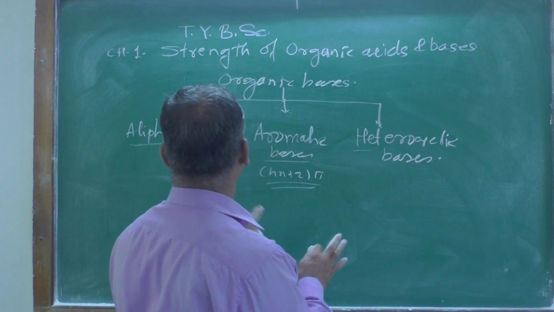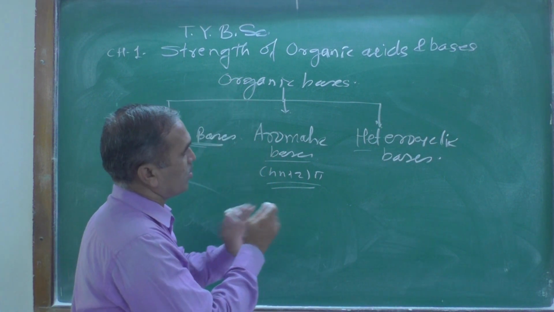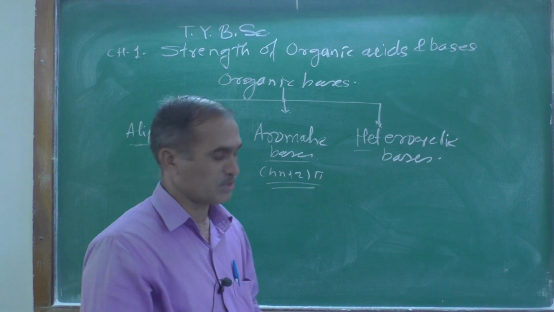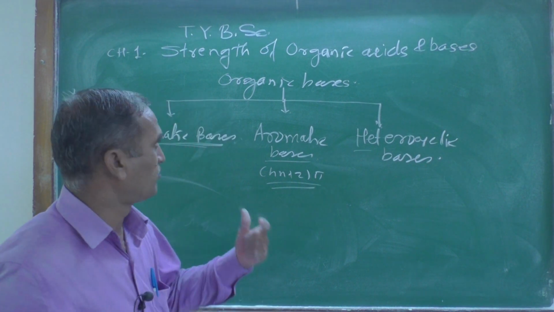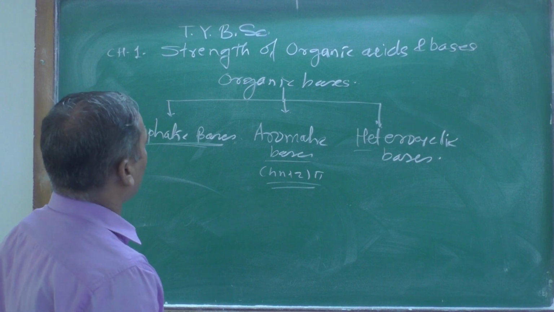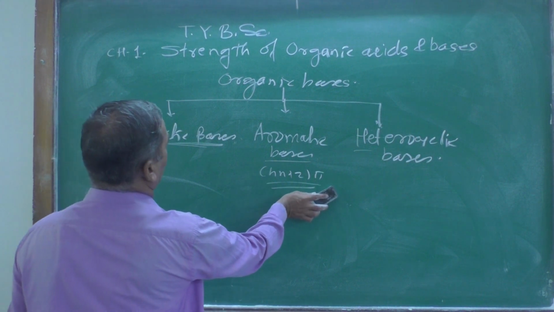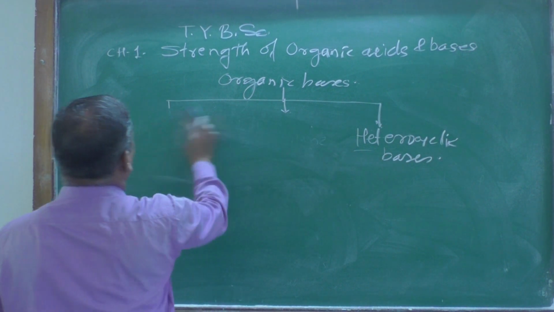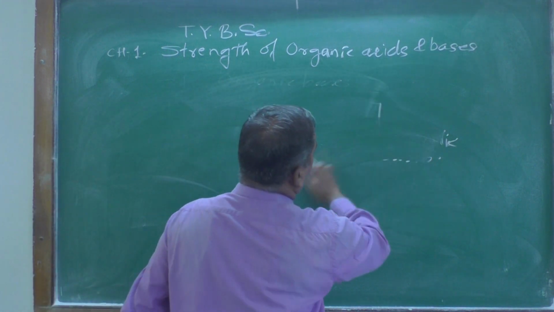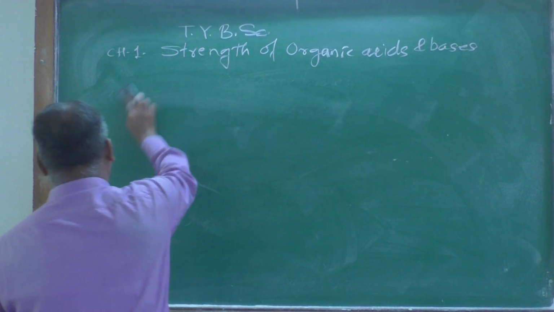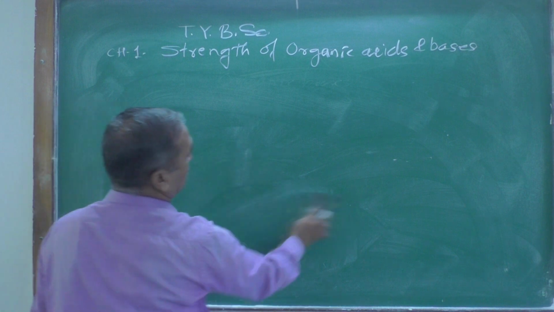Now this is all about aliphatic bases, aromatic bases and heterocyclic bases. Now we are going to learn one by one. First, we are going to learn aliphatic bases. What does it mean? Let us see here.